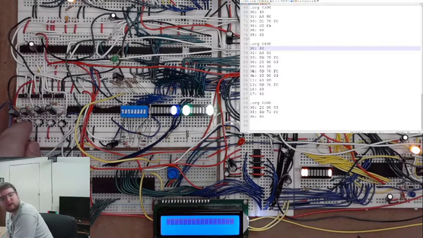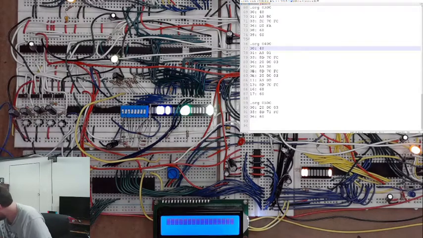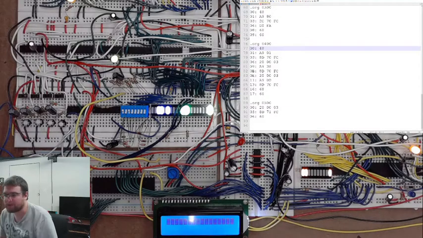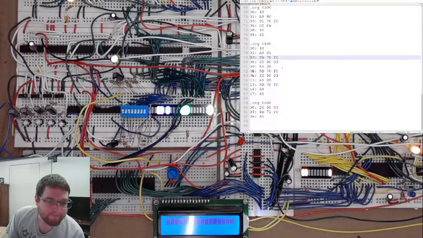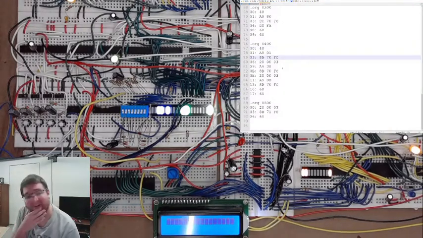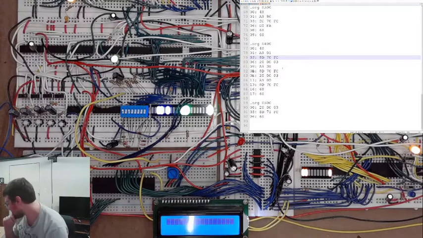Alright, A9, 0 1, 8D. That is not AD. It did erase a little bit. Gosh darn it. Is that important? That is an important instruction.